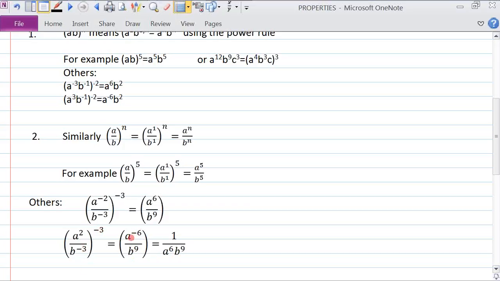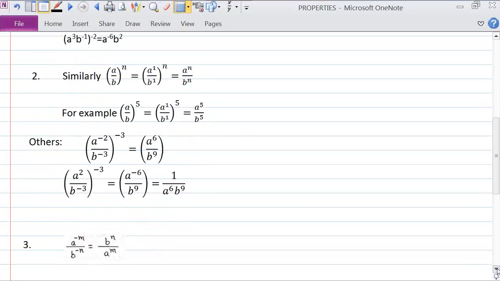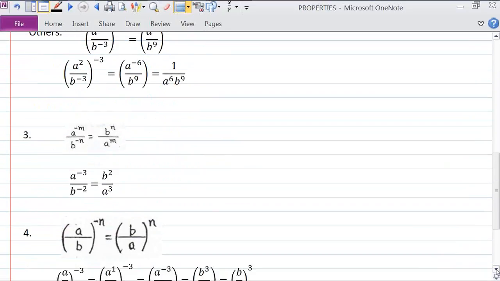And here, what we've done is move the a to the minus 6 from the numerator to the denominator. The b to the 9 stays where it is. Now, the reason we do this is that for most cases, we usually leave the answer with positive exponents. We try to leave whatever solution we get with positive exponents.